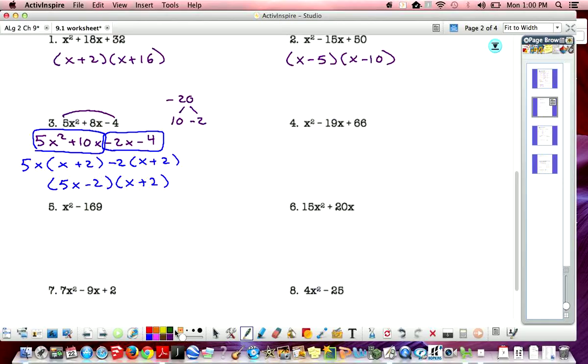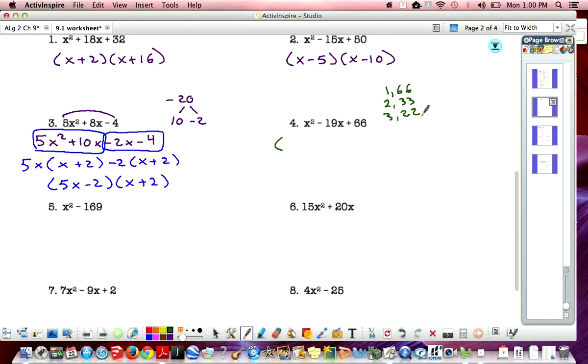All right, next one, factors of 66 that add up to negative 19. Wow. Let's see here. Ooh, this one, I don't know if it does factor nicely. Let's see here. We could have 1 and 66, 2 and 33, 3 and 22, which I normally would say would be it, but the 66 is positive.